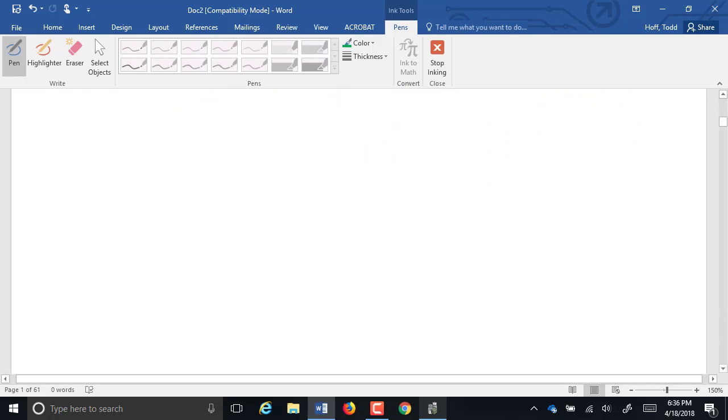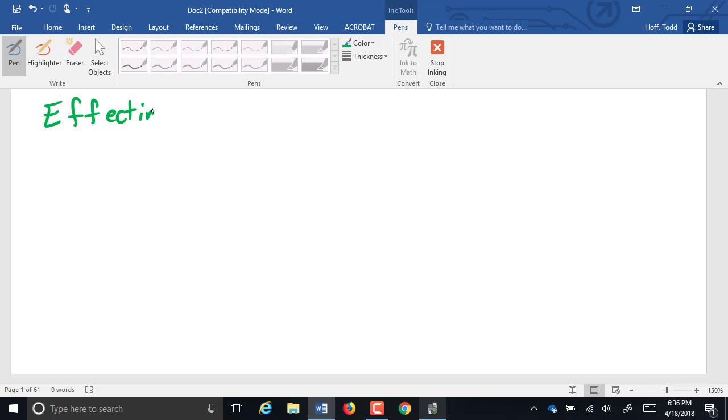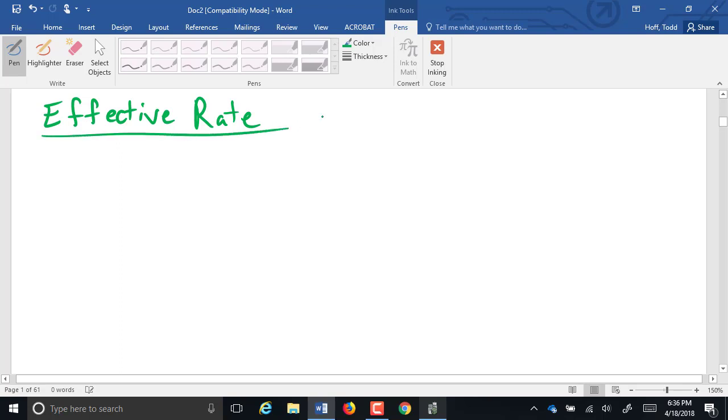So there's something called an effective rate. Just like with our simple discount notes, the effective rate is higher than the stated rate. An APR is the rate stated on the note.